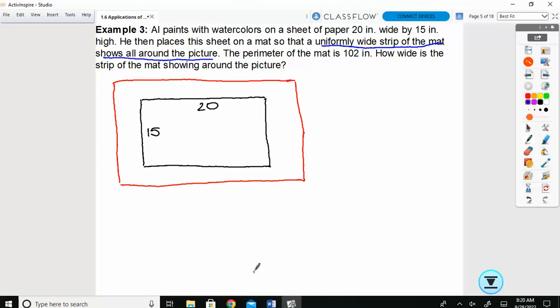What does that mean? It's the same length on all 4 sides. This strip is the same all the way around. Okay. The question is, how wide is the strip of the map showing? So that's what I'm trying to find. So that would be my X.